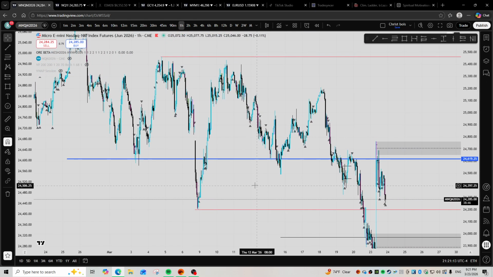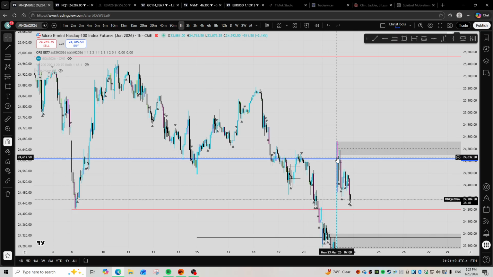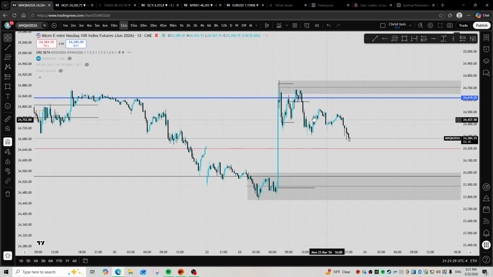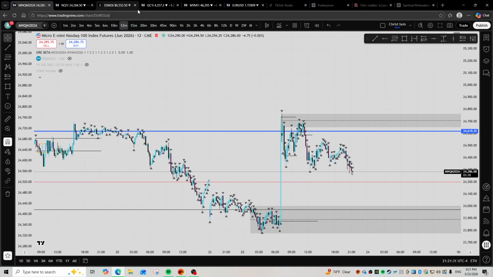Because we can say here that because of this right here, that is why price did this. That is why price reversed on the 12-minute and not on anything else.